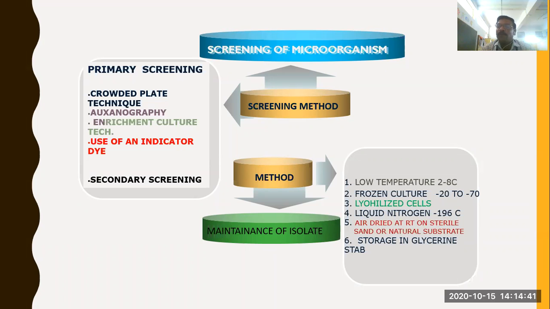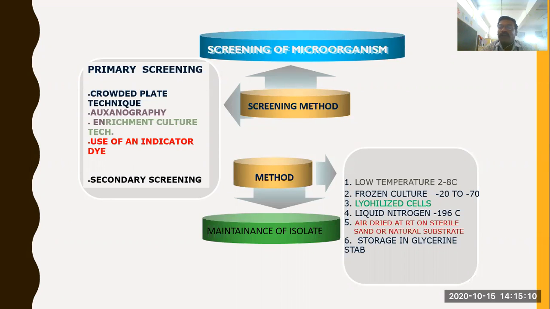Second, the frozen cultures. You have to freeze the culture, removing the water molecules, at a temperature of -20 to -70 degrees Celsius. Another very important one, the lyophilized culture with the help of the lyophilizer. The cost of one lyophilizer is in the range of 10 lakhs to 20 lakhs.